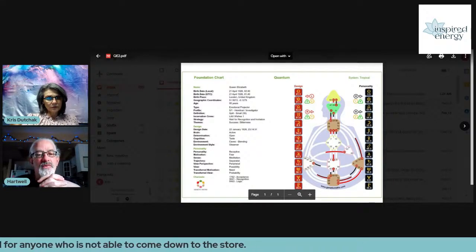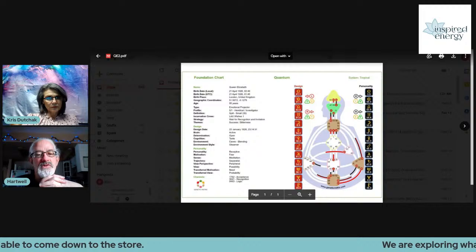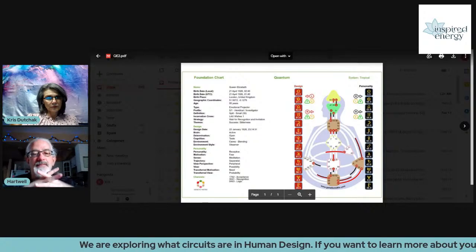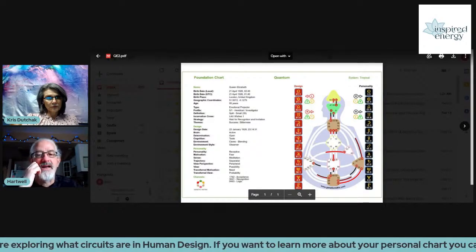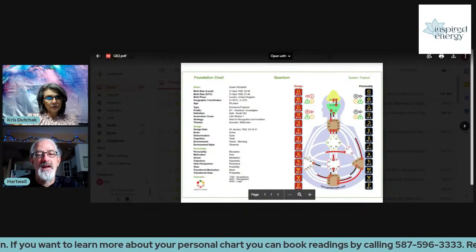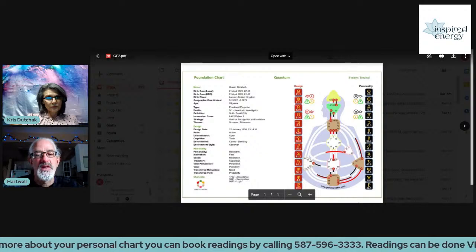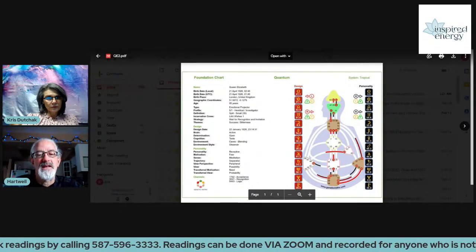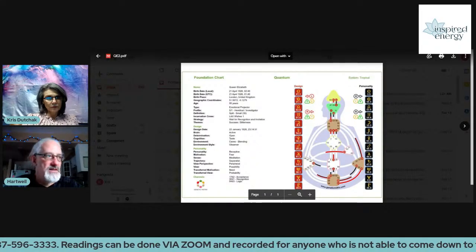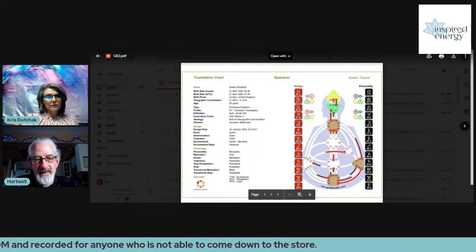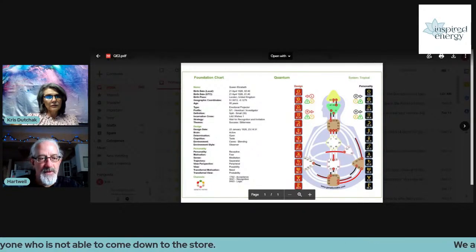And then in the center, if you look at the ego, which is the little triangular one to the right of the diamond shaped one, then there's the circular pattern that runs from the ego to the spleen, and then down the top channel between the spleen and the root, and then over between the top channel between the root and the solar plexus, and back to the ego. That is the tribal circuitry. So it's kind of at the core of our being, and each of these has their different themes.